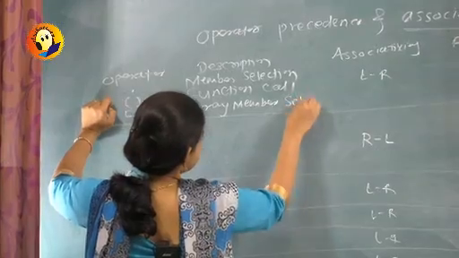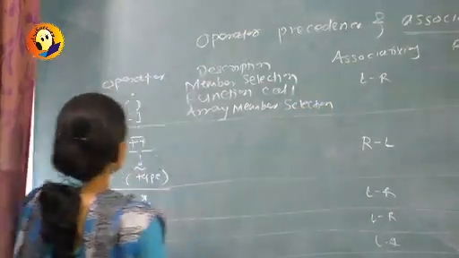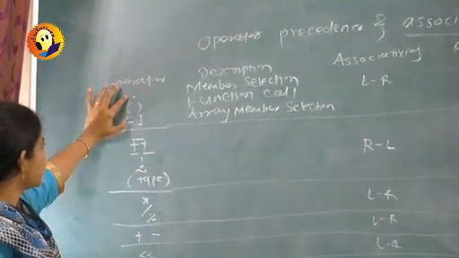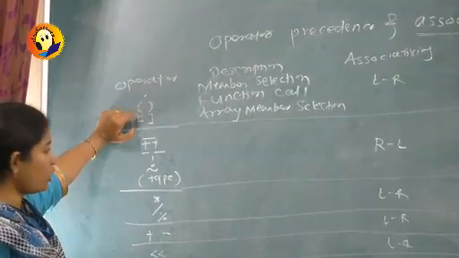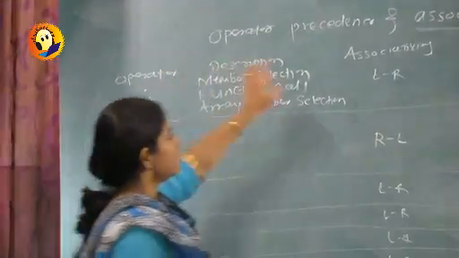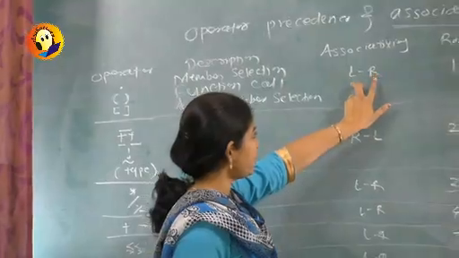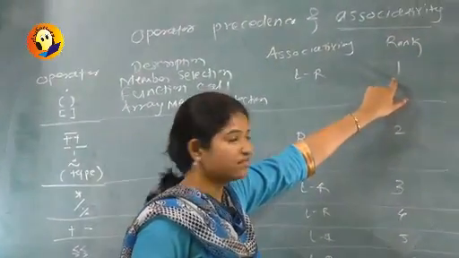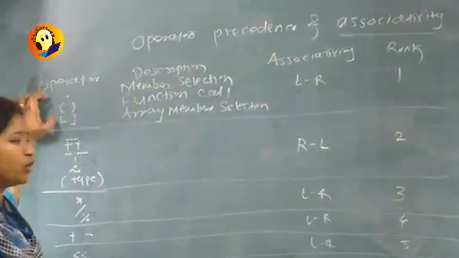So for member selection operator, function call and array member selection operator, associativity is from left to right and ranking 1 is given. So highest priority is given to these 3 operators.